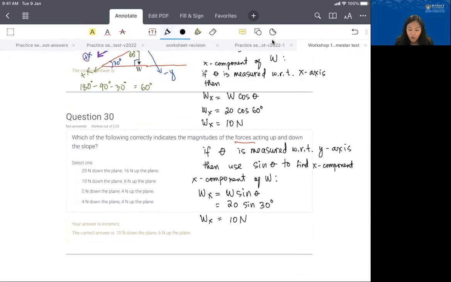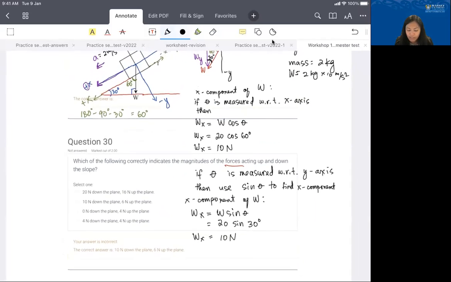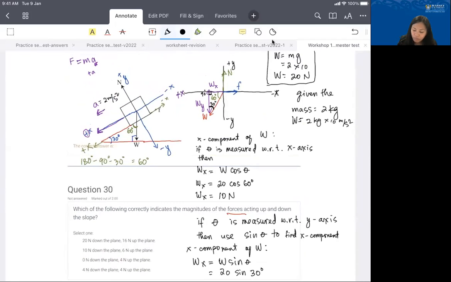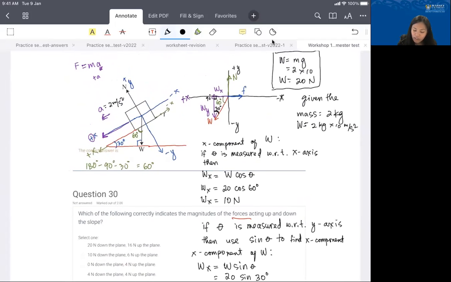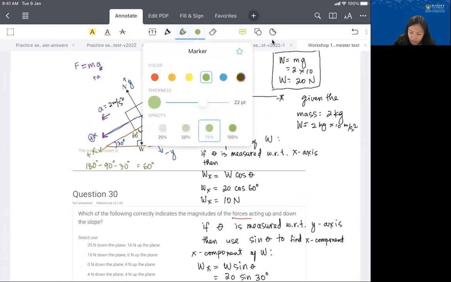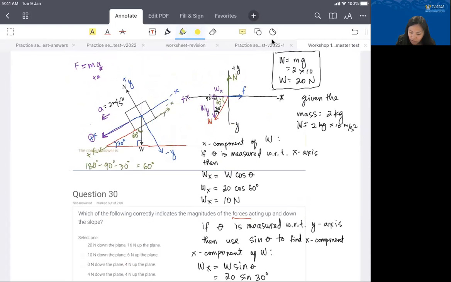So we got the x component for the weight. Question 30, which of the following correctly indicates the magnitudes of the forces acting up and down the slope? So the one acting down the slope is the x component of the weight force, right? If you see here in the free body diagram, the acceleration is down the slope.